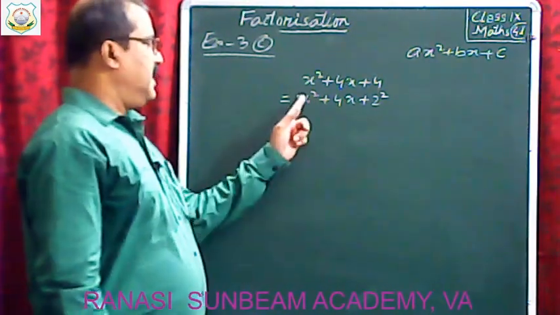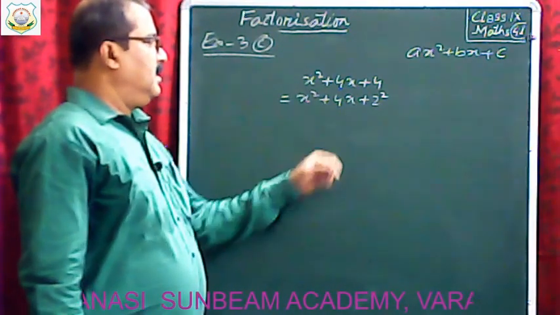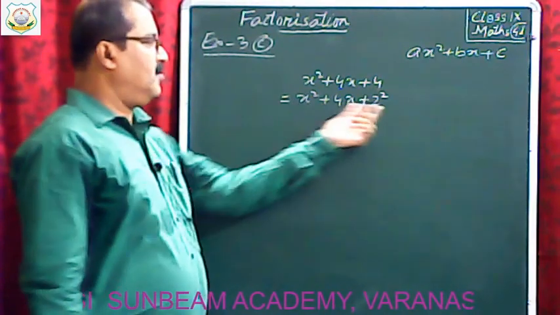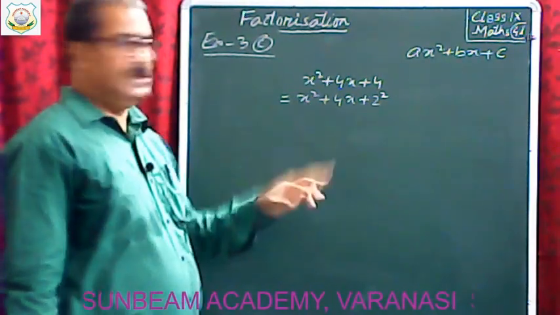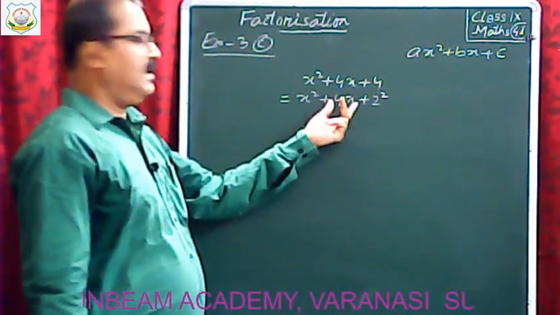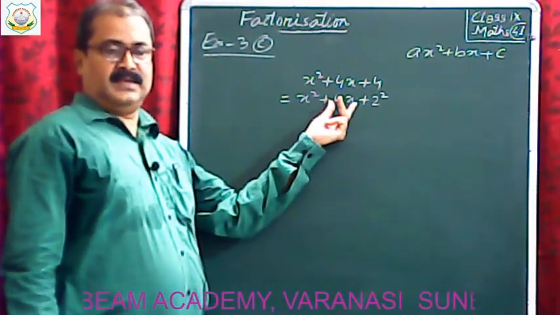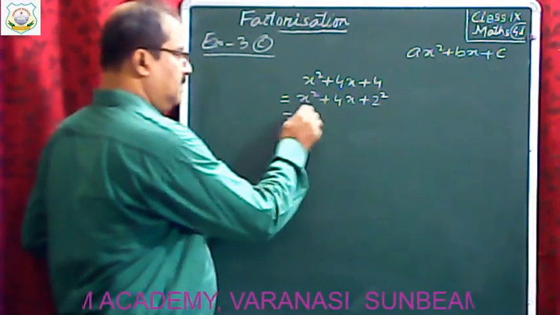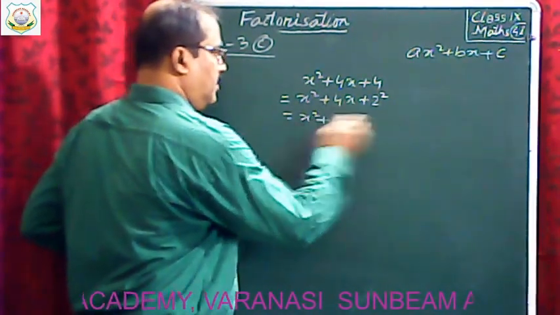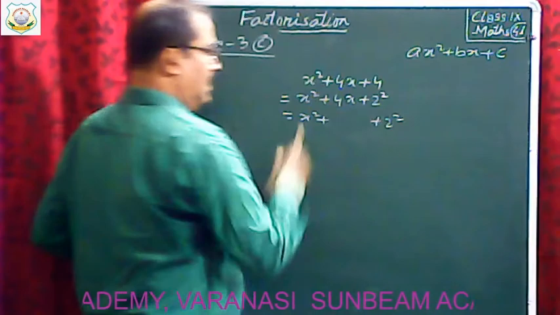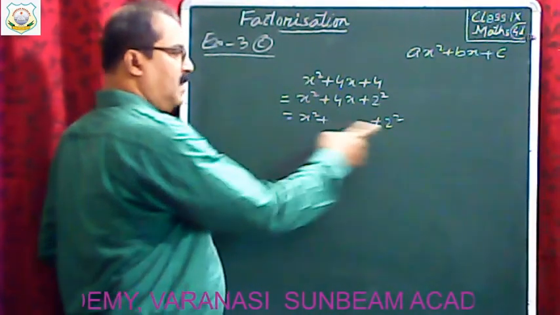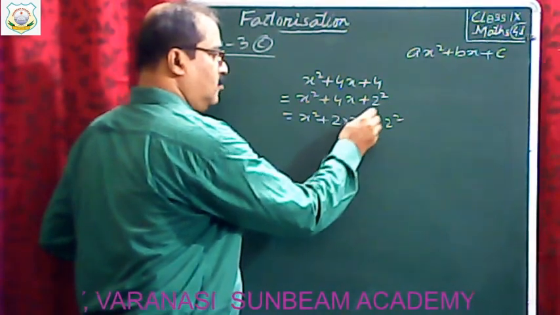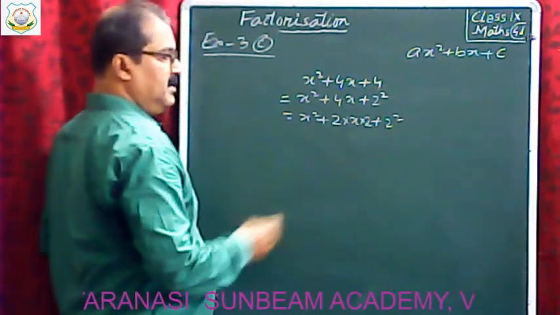Suppose x is a and 2 is b. So according to the identity, it is a square, it is b square, and this 4x is the mixed combined term, isn't it? So we factor this way: x square plus 2 square as it is, and thereafter 2 into a, that is x, into b, that is 2.